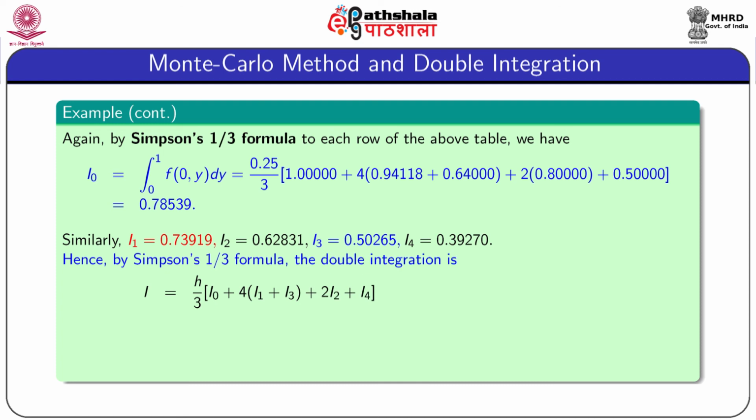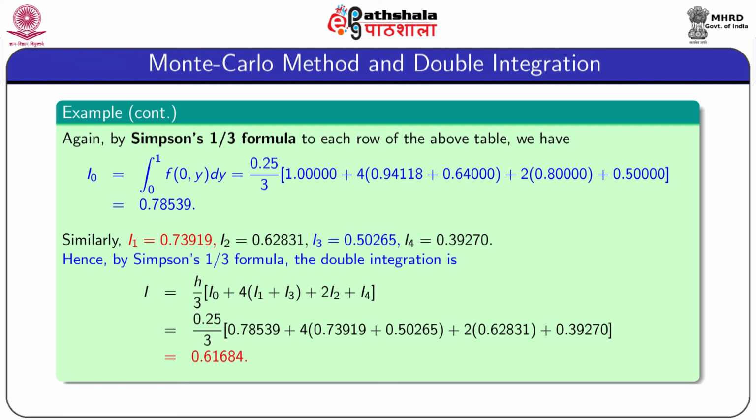And using the formula derived in equation 19, we get I equal to h by 3 into I0 plus 4 into I1 plus I3 in this case, plus 2 into I2 plus I4, and it becomes this one, and after simplification the value is 0.61684. So, this is the value of the double integration obtained by Simpson 1/3 formula.